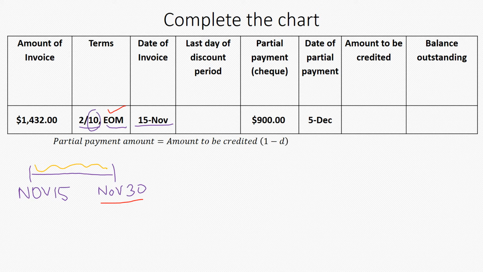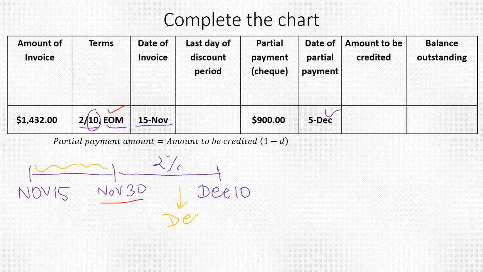November 30th is the last day of November, so December 1st is the first day, right? So this ends on December 10th, right? And this period is eligible for the 2% cash discount. Now, the date of partial payment is December 5th, which is in this time slot, right?